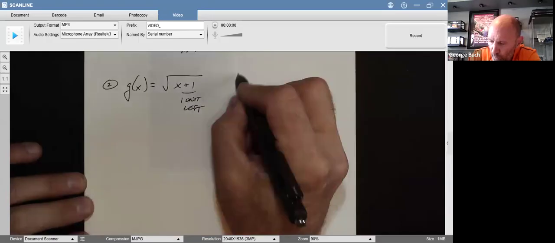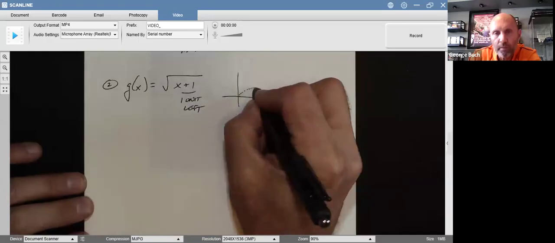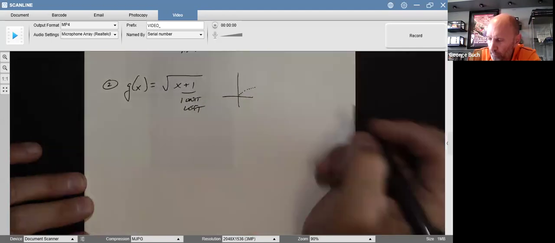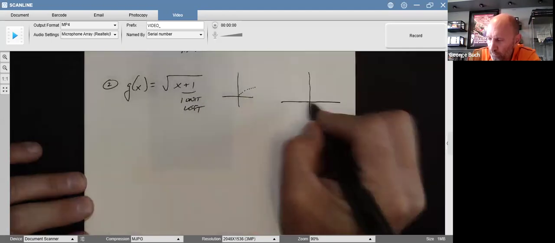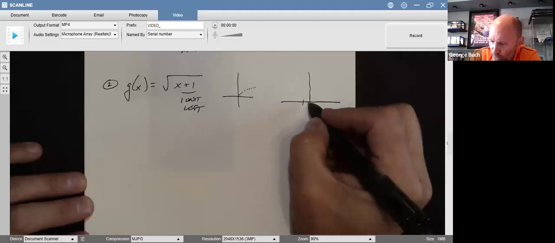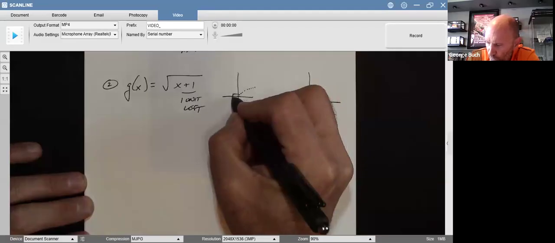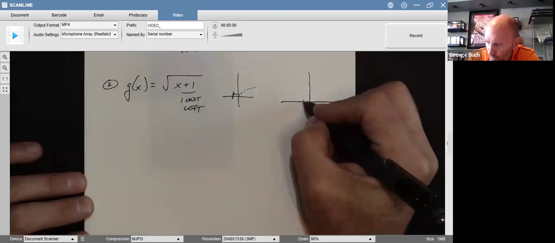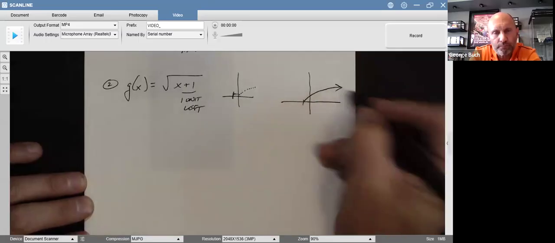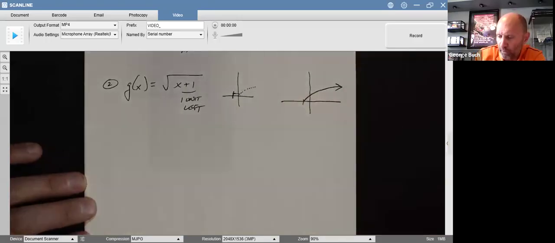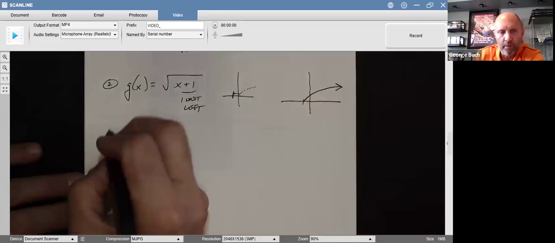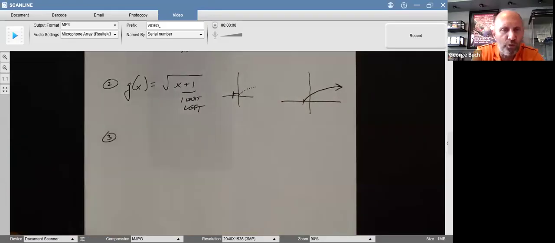So normally the square root looks like this, but it's going to take that and move it over 1 unit. So now it's starting over here and going this way. That's what that graph would look like. And you can see it's so much faster and more efficient than trying to make a table of values and figuring it out from there.